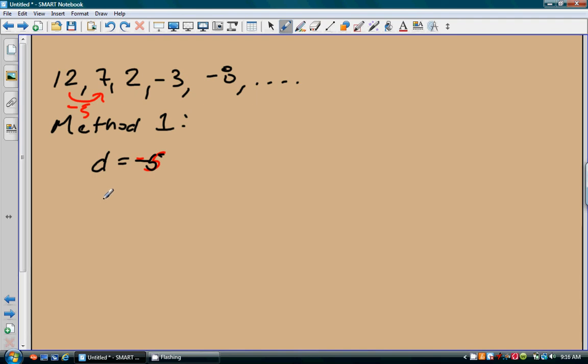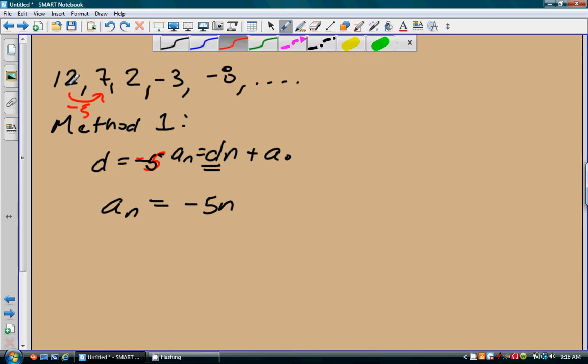Now, I don't really worry about a sub 1, but what I always go with is this formula: a sub n equals d times n plus a sub 0. Since my d is negative 5, this is going to be negative 5n. Now, a sub 0, we haven't really labeled, but the way I get this is if I'm subtracting 5, I'm going to go back one term. Meaning, what can I subtract from 12... what number gives 12 when I subtract 5? And that is 17. So I know this has to be negative 5n plus 17.